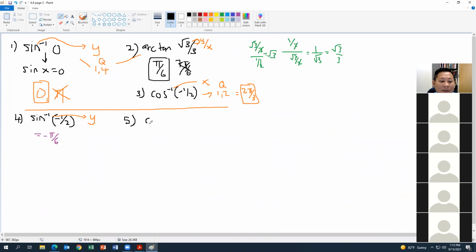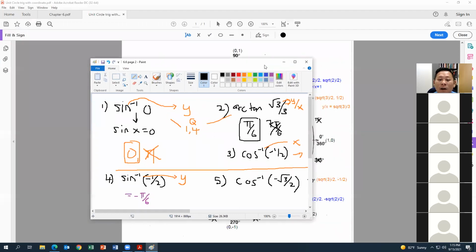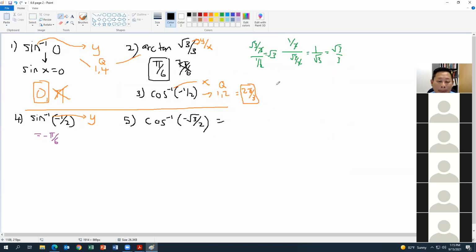Let's do a cosine first. What is the arccosine of negative root 3 over 2? That's the reason why I really want you guys to use a unit circle here. Can someone tell me, for arccosine, what quadrant it goes to, 1 or 2, 3 or 4? 1 and 2.